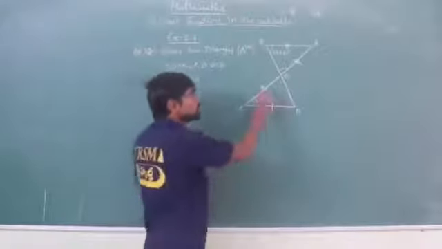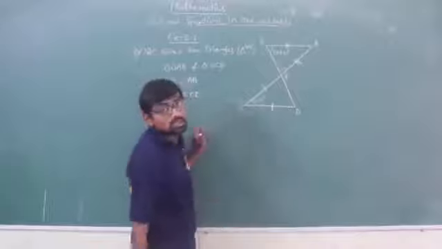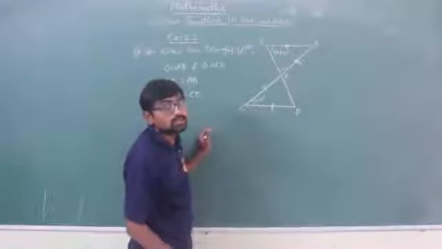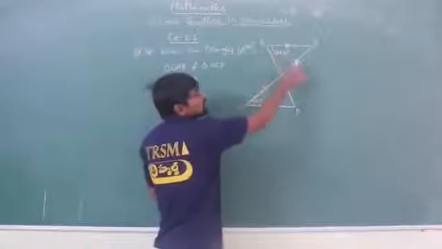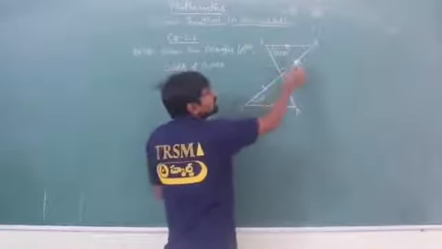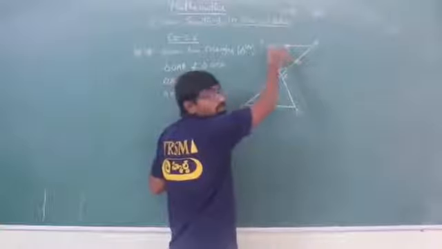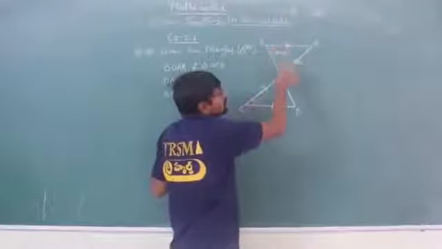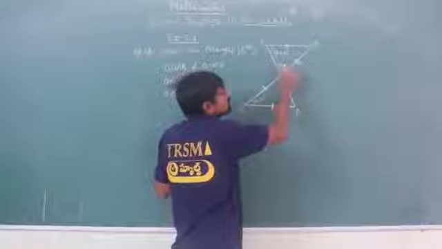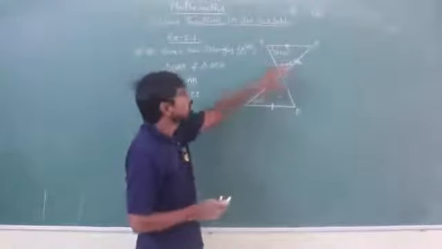If any two sides are equal, then their opposite angles are also equal. You can see here, these two sides are equal. What is the opposite angle of this? 3x plus 10. Then its opposite angle is also equal, 3x plus 10. Hope you all understood, isn't it? Why?